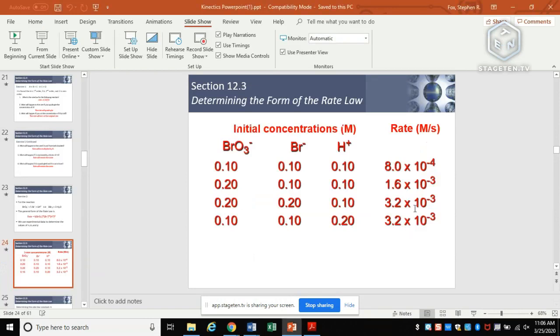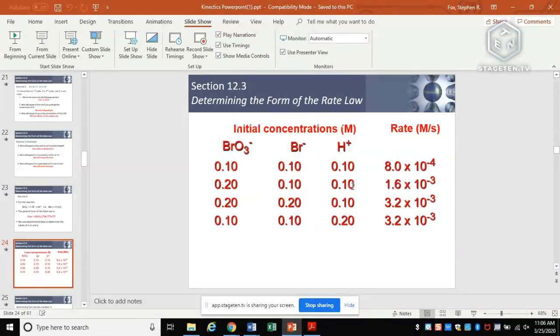So for the next one, we want to find bromide's order. We have to find two trials where we change bromide, but we don't change bromate and we don't change H plus. And if you look at that, that's trials 2 and 3. Looking at 2 and 3, bromate stayed the same, 0.2 and 0.2.